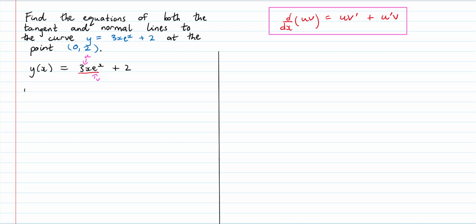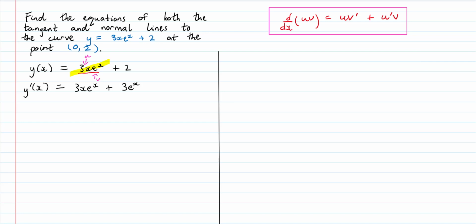We get then that y dash of x is equal to, and we'll just look at this part first, so using the product rule, u, which is 3x, times the derivative of v with respect to x, which is just the derivative of e to the power of x, so that is just e to the power of x, and then plus the derivative of u with respect to x, so the derivative of 3x is just 3, and then times v, which is e to the power of x.